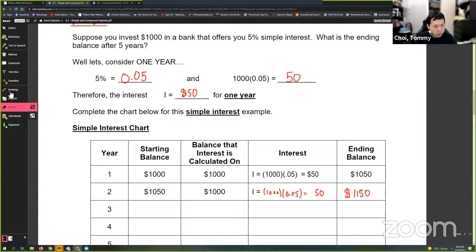That looks like 150, so I'm going to fix that. Okay, so we have $50 here, $1,100 here. Oh my gosh, I am all over the place, guys. I'm so sorry. Sorry, fixing that real quick. 50 plus 1,050 is 1,100.